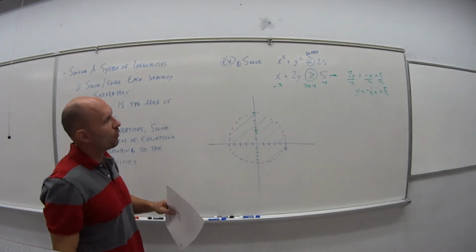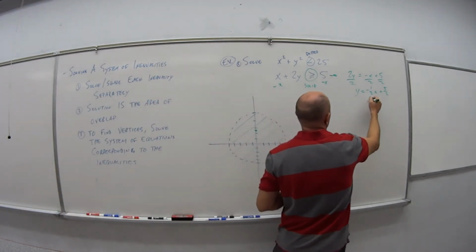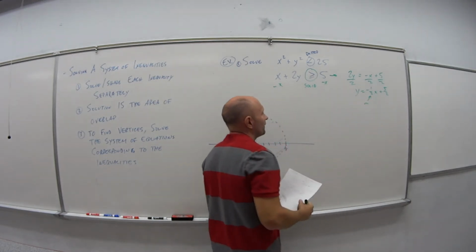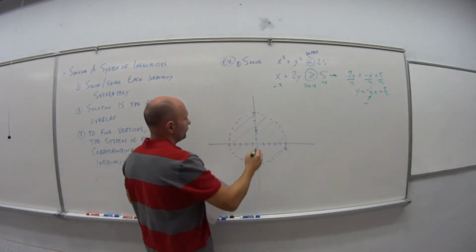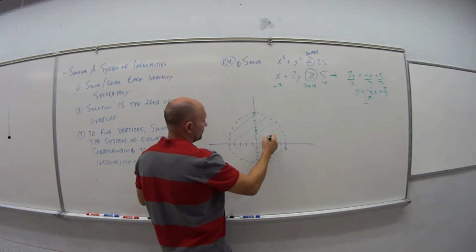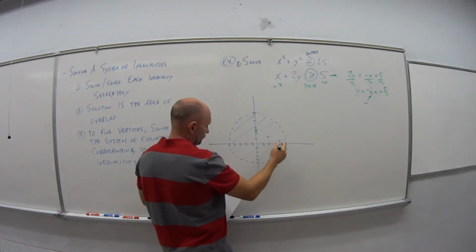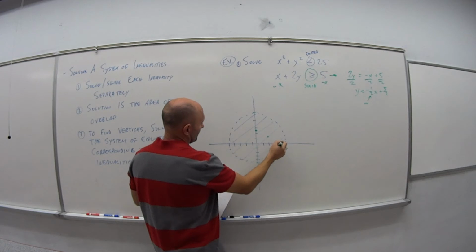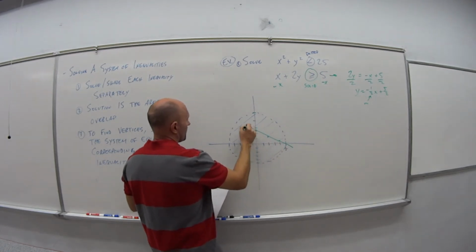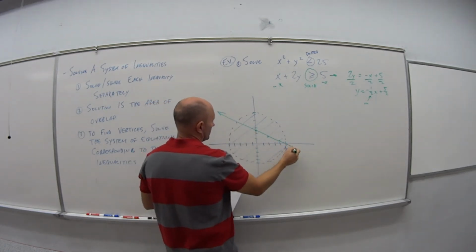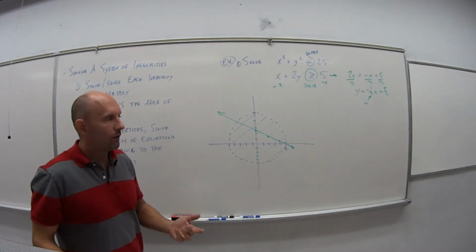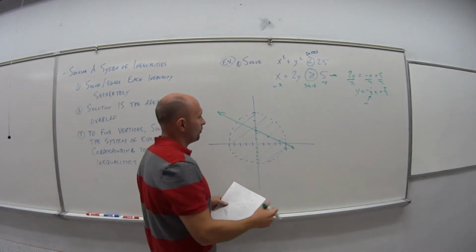And then my slope is the value in front of the x. So that's down 1 unit over 2. So down 1 over 2, down 1 over 2. So I get this line here. Now, as before, I need to pick a test point.